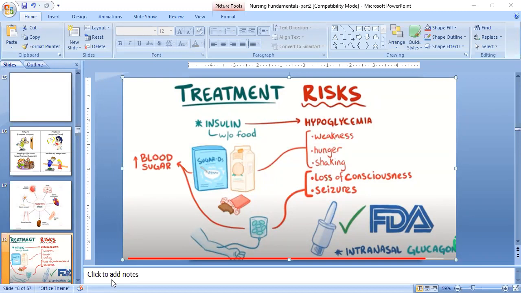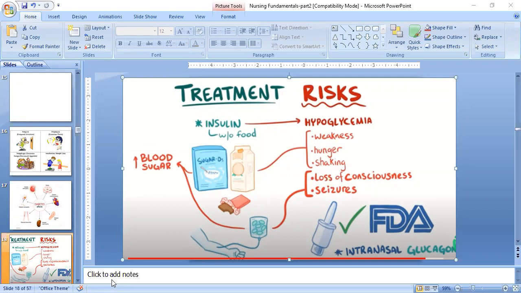Tell them not to puncture the pad of the finger, but to use either side of the finger pad for better blood flow and less pain, and to perform it before meals or at bedtime. So when you educate your patient how to check the blood sugar at home, you must tell them to check before food or meals or at bedtime.